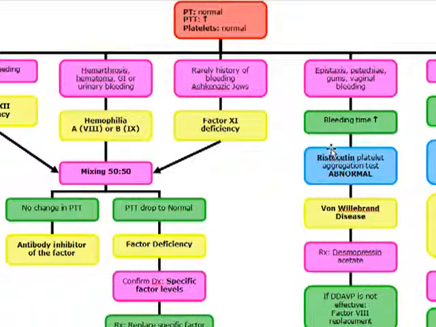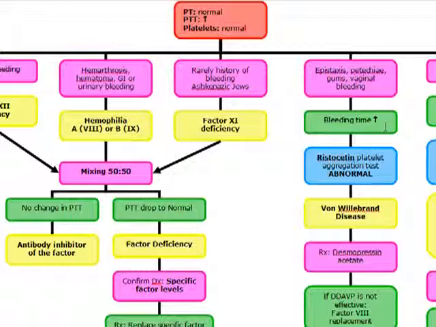So they're going to come in with epistaxis, petechiae, bruising, and women are going to come in with menstrual abnormalities. If you see these symptoms with a PTT that's increased but a normal platelet count, think of von Willebrand's disease. And a key is to look in the question, as it may say the bleeding time is particularly increased after the use of aspirin.